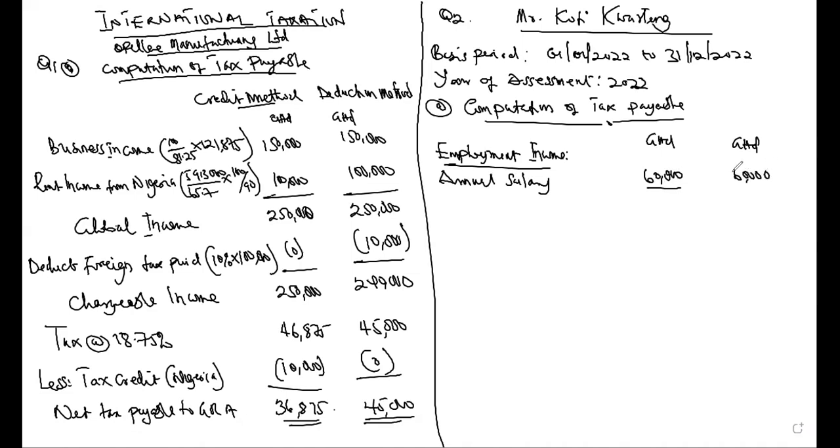I believe it's 60,000. Okay. Now let's go to the investment income. There are lots of investment income. So we have to add the foreign. The foreign incomes, all of them are investment income.